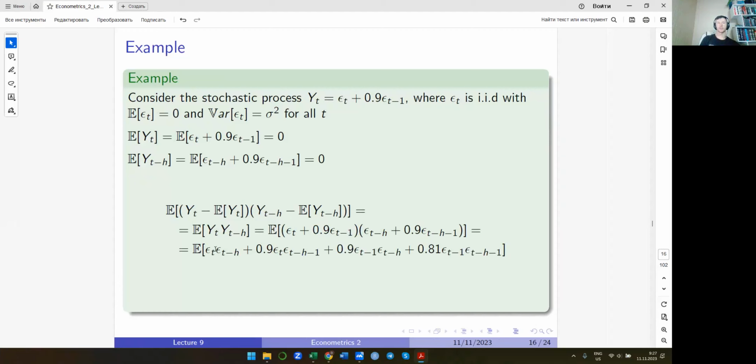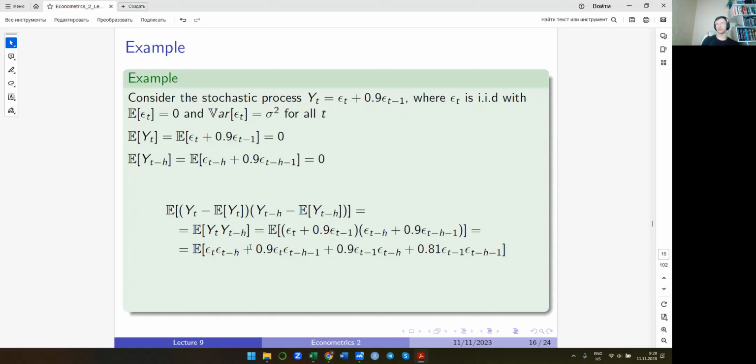This is the expectation of epsilon_t epsilon_{t-h}. Then 0.9 epsilon_t epsilon_{t-h-1}. Then 0.9 epsilon_{t-1} epsilon_{t-h}. And then the last term, 0.81 epsilon_{t-1} epsilon_{t-h-1}.